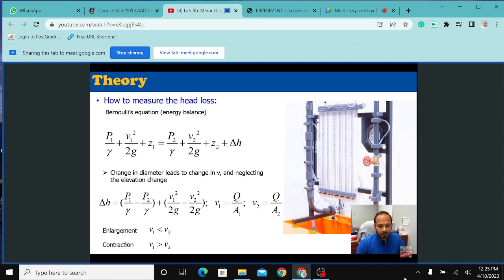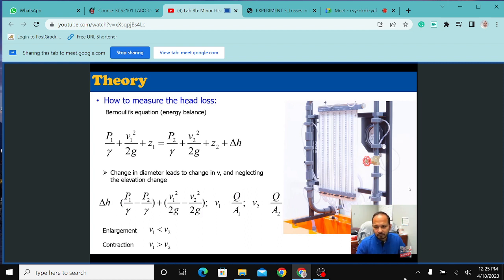So by contraction, what I mean is that from the contraction, you're going to the enlargement. At a small diameter, you are at the contraction, so you are at minimum diameter, and you're going to the enlargement. In that case, your velocity will be higher in this region, and the velocity will be lower in the enlargement region.